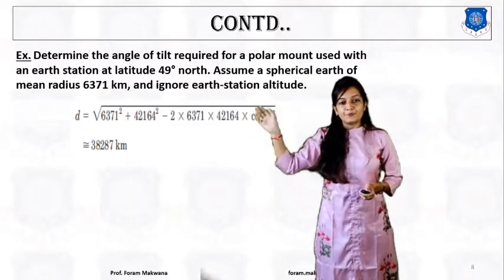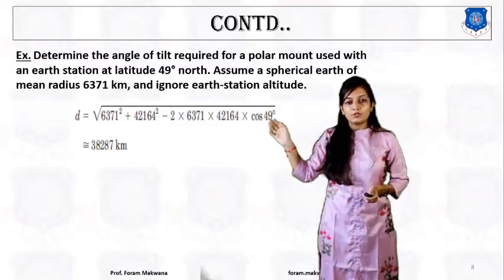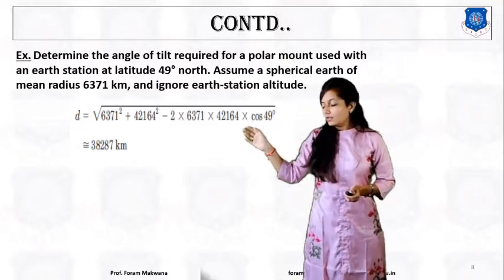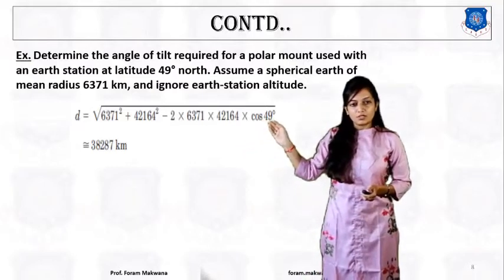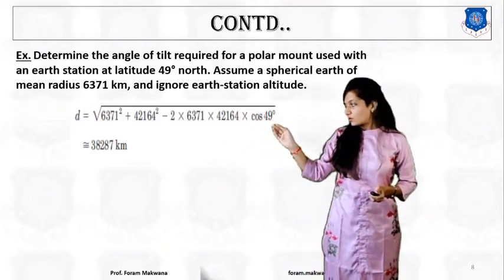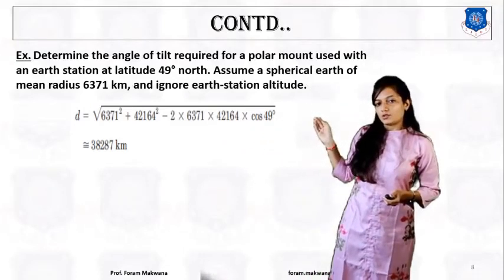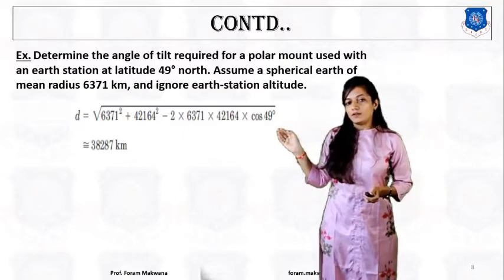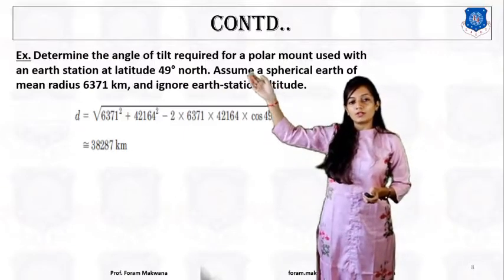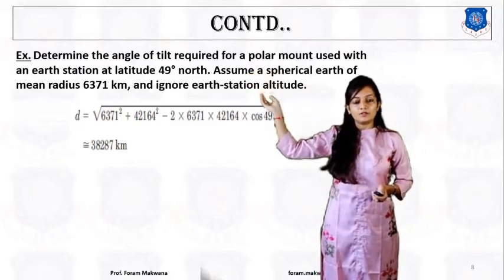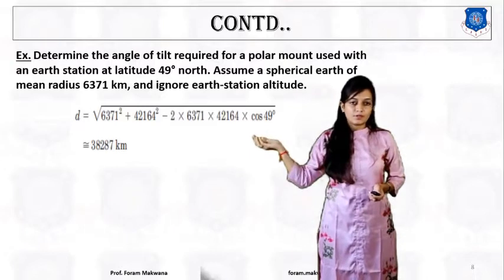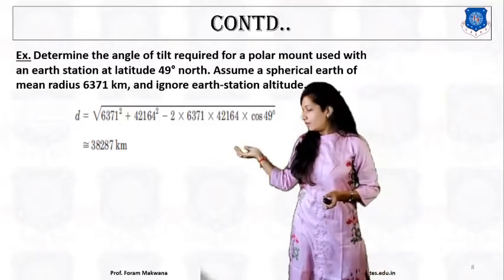So from all these values, you need to calculate small d. What is small d? It is r square plus AGSO square minus 2 r AGSO into cos b. The value of small b comes from the latitude, 49 degrees north. We know that b is equal to lambda e. Lambda stands for the latitude of the earth station. So we are able to calculate the value of small d.